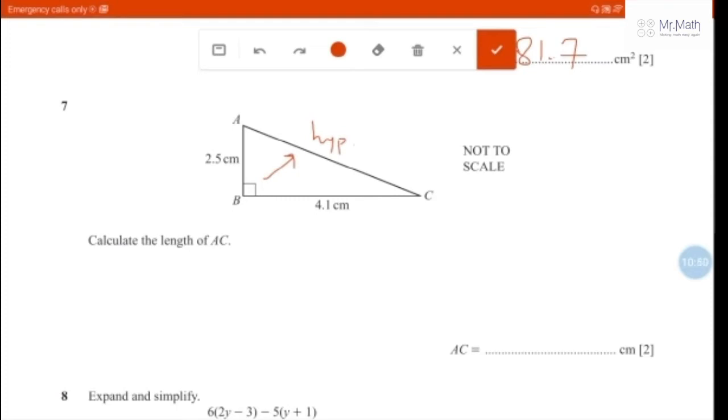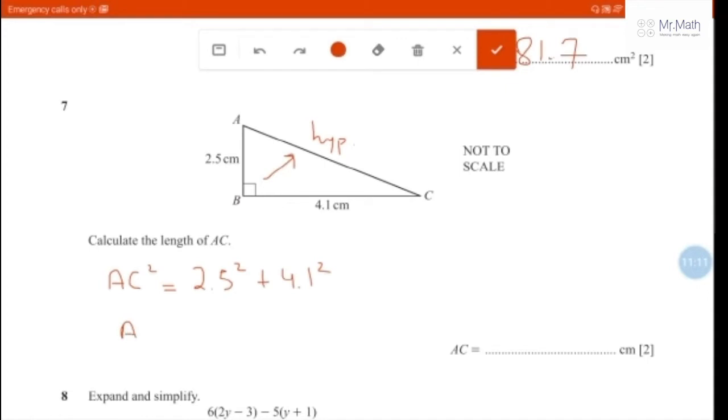So how can I find the hypotenuse, which is AC? I'm going to apply Pythagoras theorem, which states that AC squared is equal to 2.5 squared plus 4.1 squared.